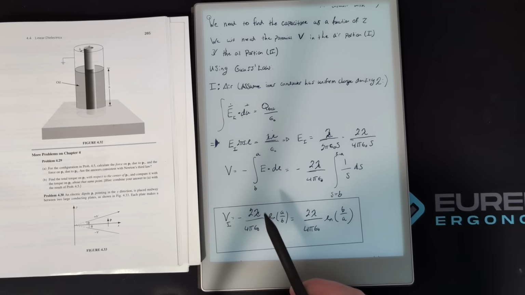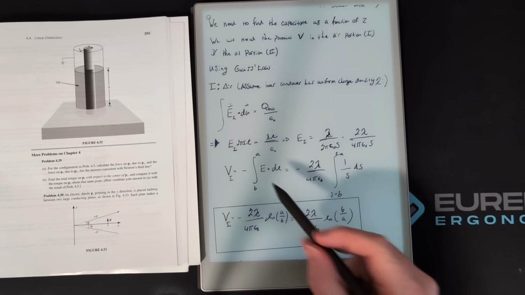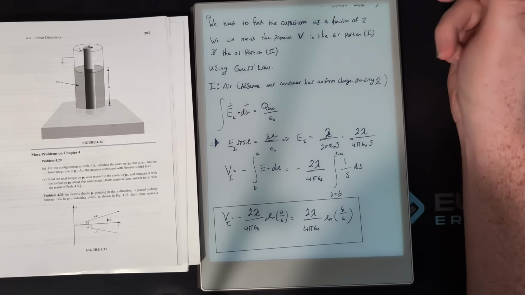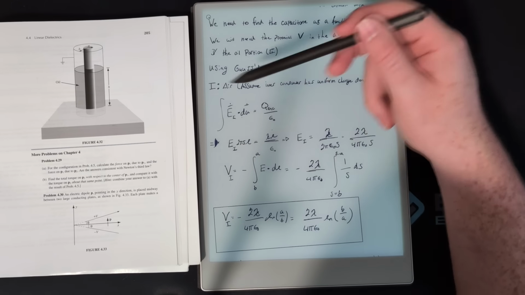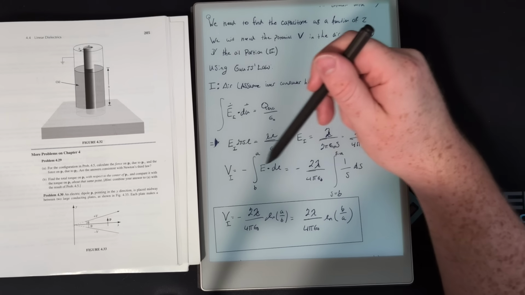Therefore, the potential in region 1 is, of course, minus the line integral of E dot dl, and we're going to be integrating from B to A, from the outer cylinder, from the ground, to the inner cylinder, which has a potential.